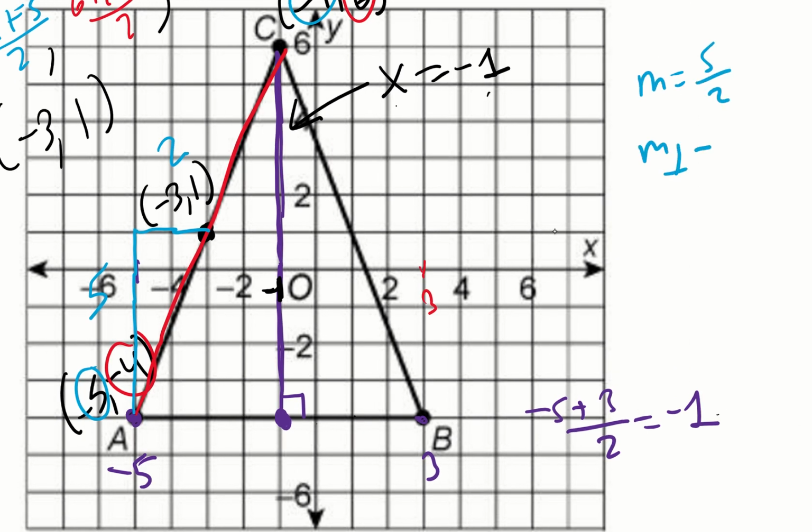Remember, to find the perpendicular slope, you flip the fraction and change the sign to the opposite sign. So the slope of this new line is going to be -2/5. So we're going to go down 2 over 5, 1, 2, 3, 4, 5. All right, and then that's going to be my line.